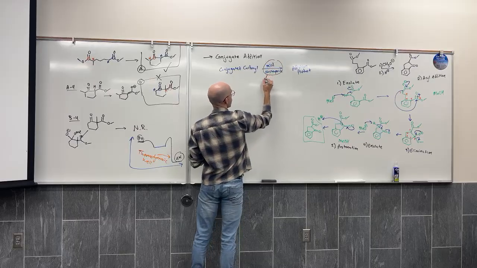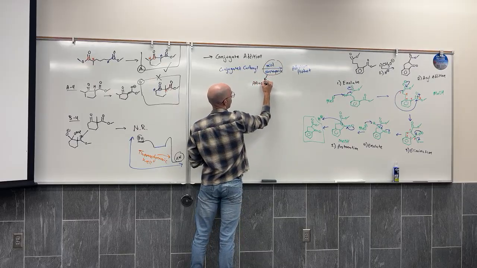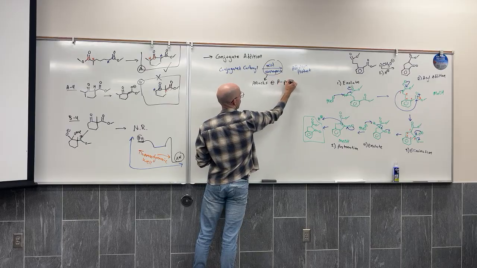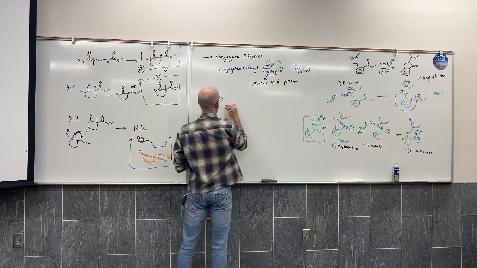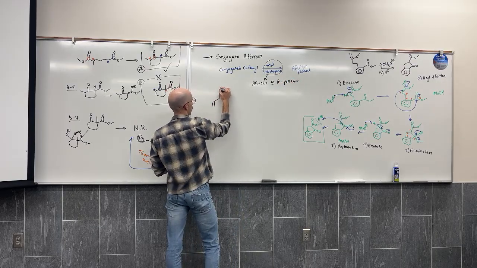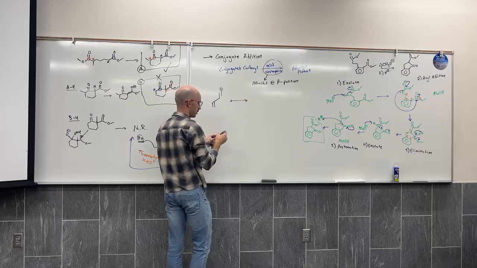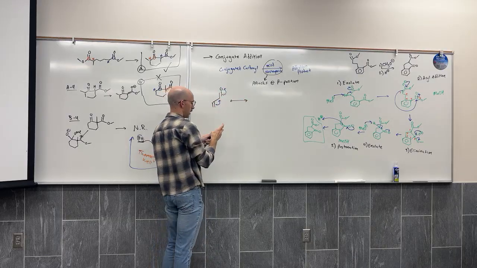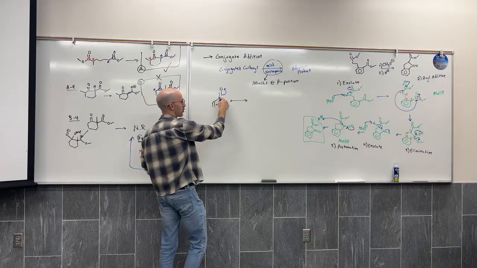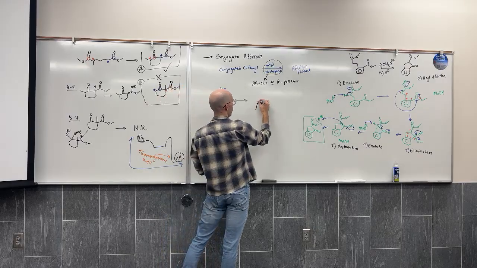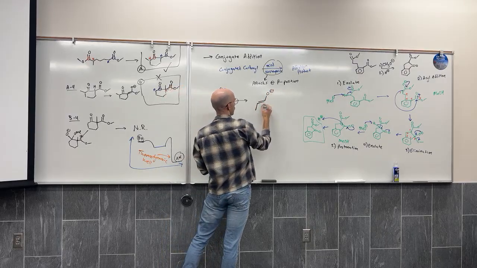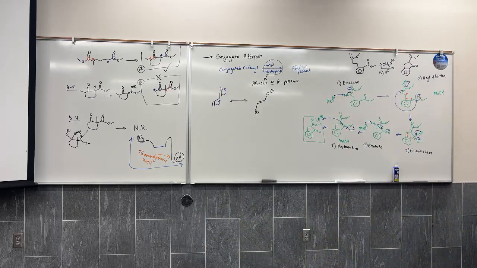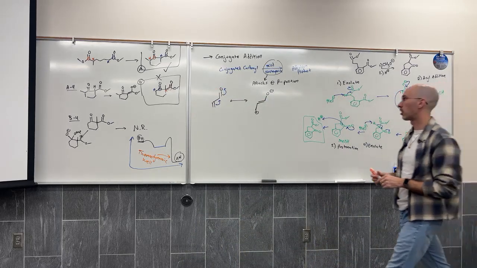This mild nucleophile attacks at the beta position. And I'll demonstrate quickly why it attacks at the beta position. We know that there is, of course, a partial positive on the carbonyl carbon, but resonance demonstrates that there's also a partial positive on the beta carbon.